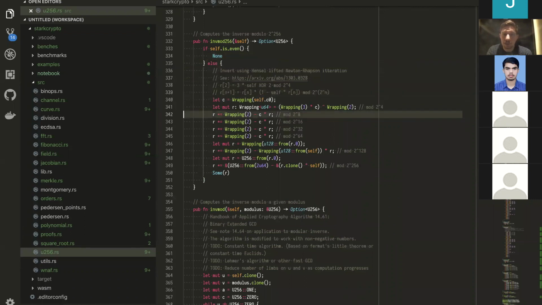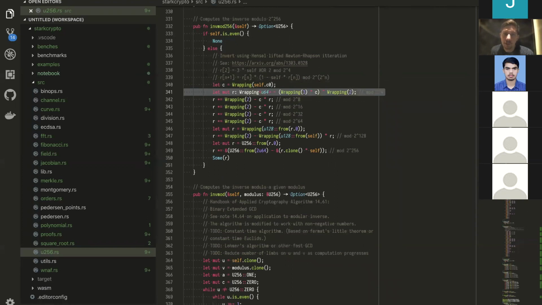So if you want to do inversion mod 2 to the power 256, you can just start with, and this happens to be a good seed value, 3 times the lower 64 bits of your number XOR 2. This is your inversion modulo 2 to the power 4. Then we do 2 minus the lowest 64 bits of our number times the intermediate result we have. This is just standard 64-bit math. Now we have the result accurate up to 8 bits, 16 bits, 32 bits, 64 bits, and so on. Now we need to shift to 128-bit math.